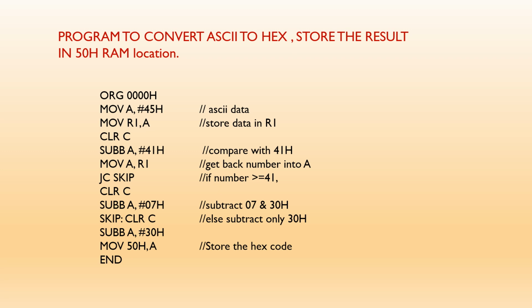Then I subtract 7 from A, because if the ASCII data is greater than or equal to 41, I need to subtract 37 from it. First I subtract 7, and later in the skip label I subtract 30. So in total we subtract 37, the result will be in the A register, and that A register content is stored in location 50.